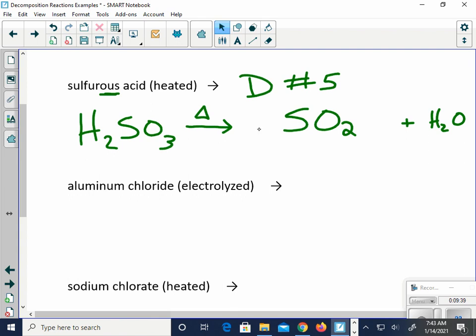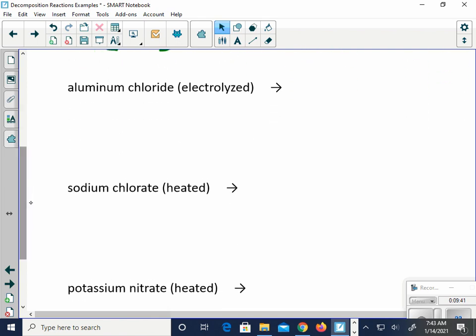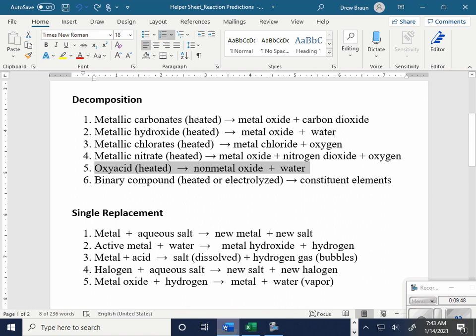My next example, aluminum chloride heated. Once again, let's head back to my decomposition reactions and go through these. Drake, what do you think? 1 through 6, what am I dealing with here?